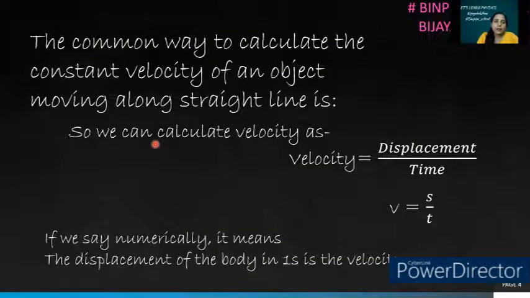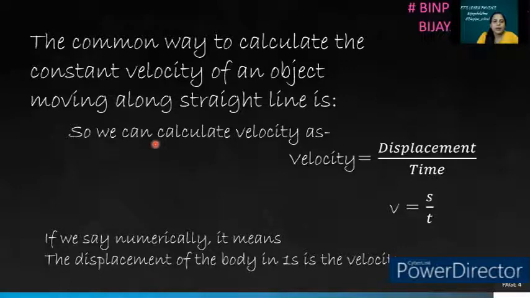So how can we calculate velocity? We can calculate the velocity of a moving object in a straight line as displacement by time. If you have followed my previous videos, I had discussed displacement as the shortest distance that is to be measured. Using this displacement and time, we can calculate the velocity of a body.